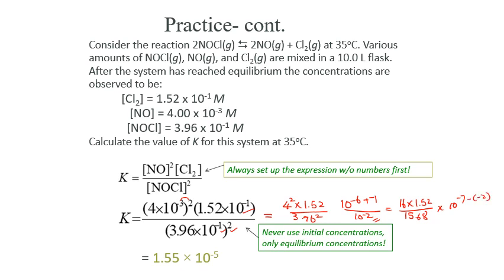So that will be 16 times 1.52. So I will do step by step like that. It's always a good idea instead of putting everything together. So 15.68 times 10 to the power negative 7 plus 2. So that equals 24.32 divided by 15.68. I'll get 1.55 here, and times 10 to the power negative 7 plus 2 is negative 5.